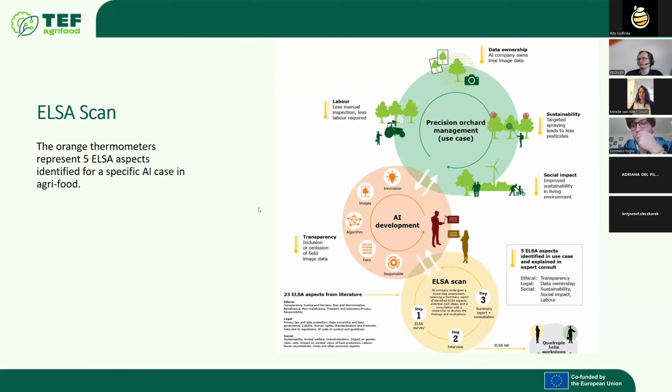This company has decided to either include or exclude certain data points because they were not clear yet to the end user. So either they included or excluded, but they have to be transparent about what data they are using and how that impacts the decision of the end user in the orchard. So this is how the case in its setting, the AI development, and we as researchers are involved in the setting of such potential clients.